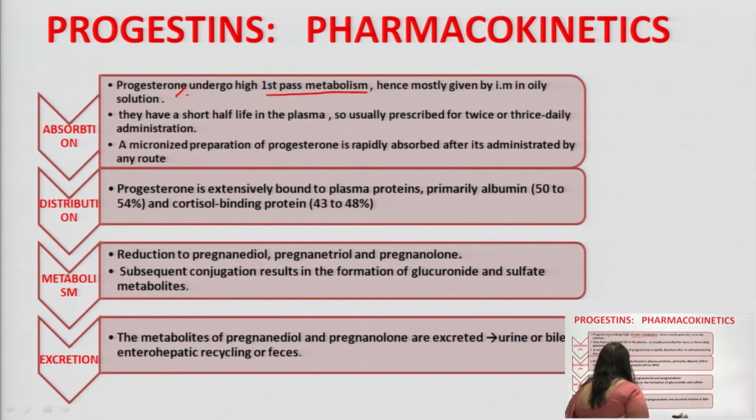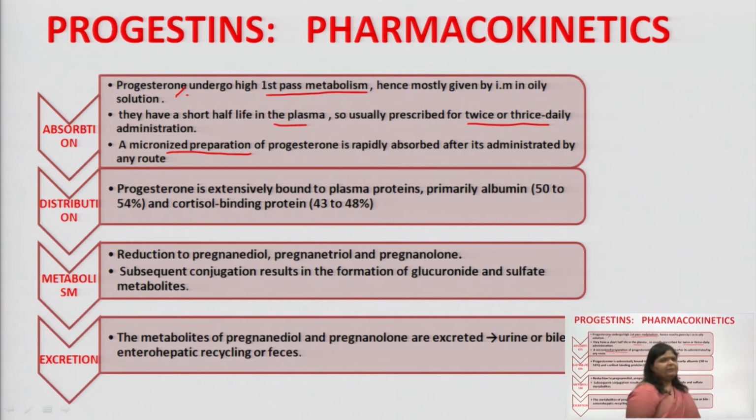Then it has a very short half life in the plasma, so it has to be given twice or thrice daily, or in certain cases a novel preparation is made, the micronized preparation, where the particle size is reduced, which is rapidly absorbed after administration by any route.